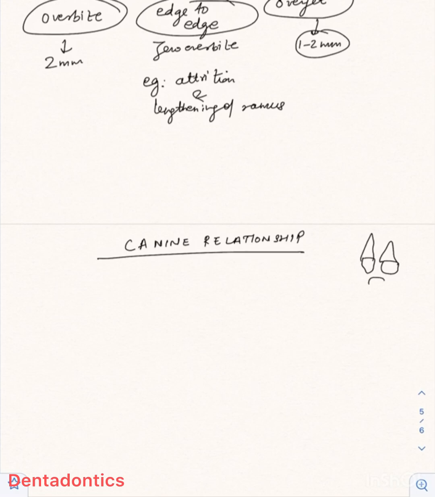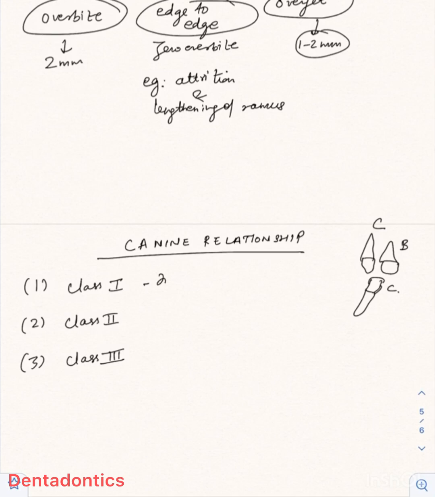In case of class 1, the primary mandibular canine interdigitates in the embrasure present between the upper lateral and upper primary canine. Whereas in case of class 2, the primary mandibular canine interdigitates distal to the embrasure, and this will convert into class 2 occlusion. In class 3, it will be in any other position.